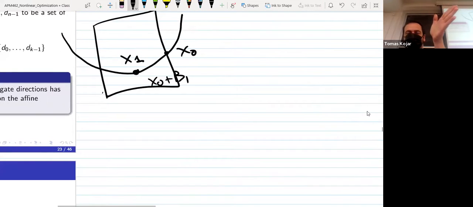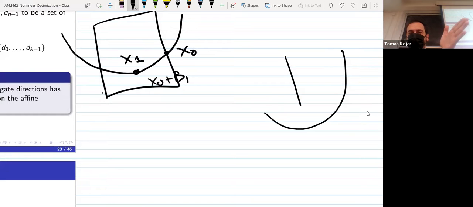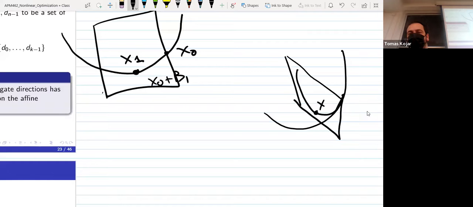So it was like this, but now you take it like this. And you play this game again. You find the x2 guy. So I'm going to prove to you that this is what conjugate direction does. Each time it finds a plane and minimizes.